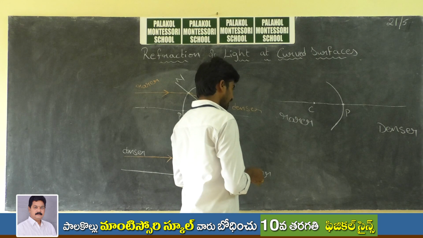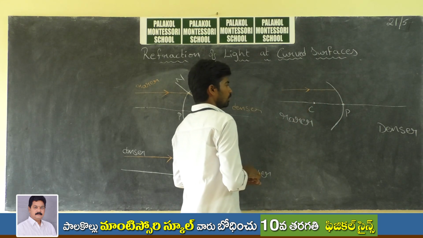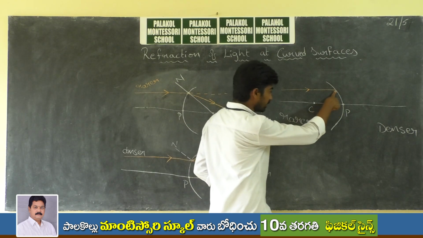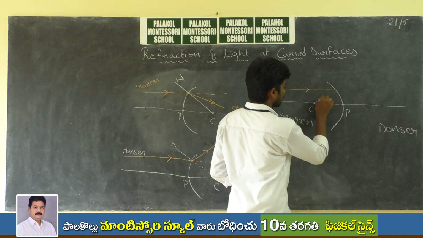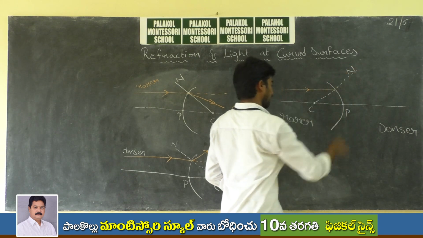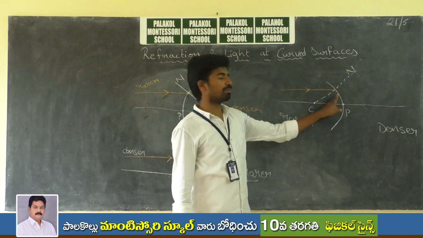Now consider a light ray parallel to the principal axis. You need to draw a normal line at the point of incidence in order to observe the refraction of light. I have drawn a point of incidence here, and a normal line, a line connecting the center of curvature and the point of incidence.